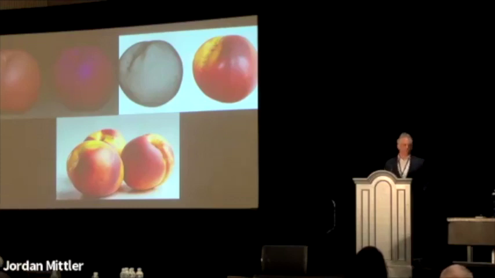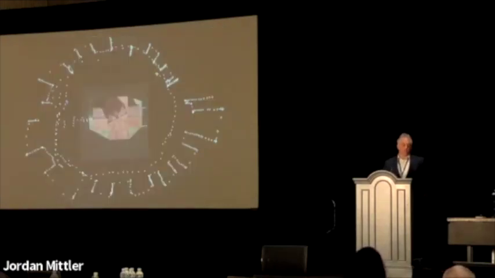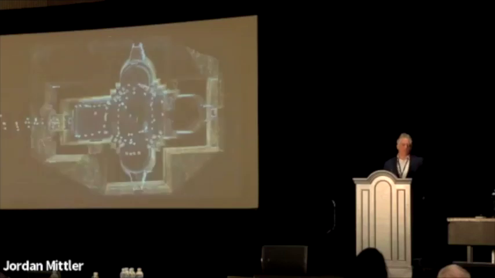I can use this for small objects. I can use this for large objects. For example, this church. If you look at all those data points, someone went around and took photos of this church, and you can see that they started walking into the church. The next slide is photographs taken walking into the church, and then photographs even inside the church.